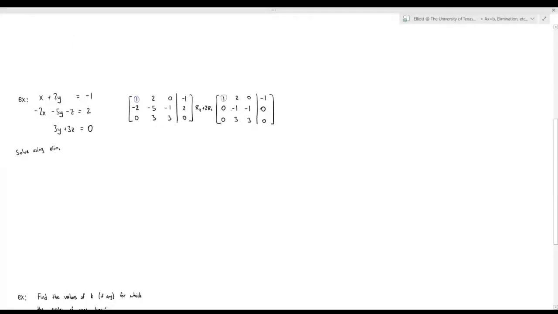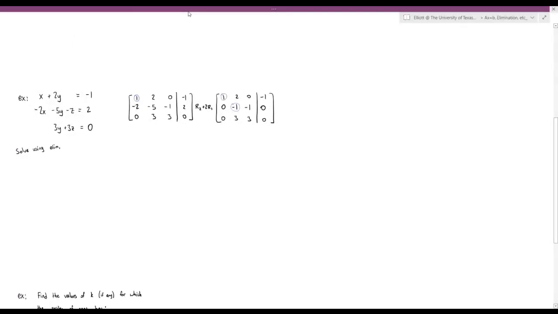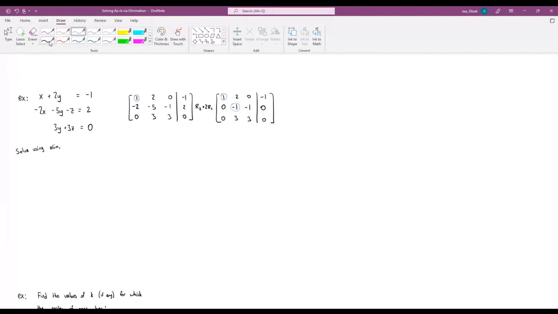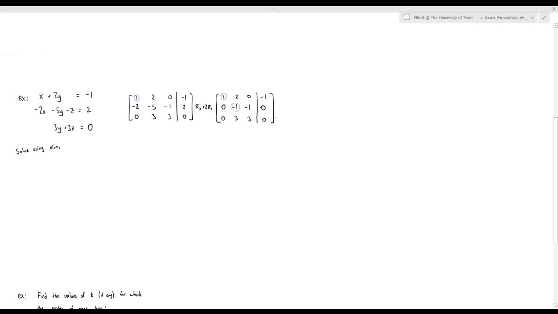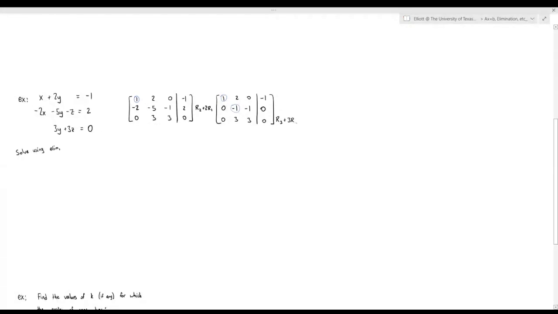So then if this is the next pivot, the -1 there, so I'll eliminate the 3 underneath it. Can do that by taking row 3, and we would add 3 of row 2 to eliminate that 3.